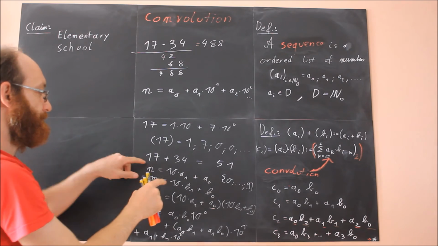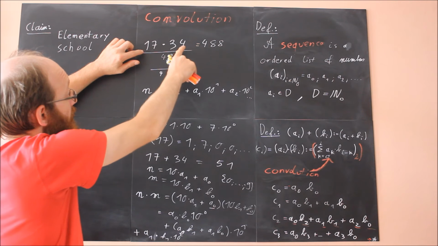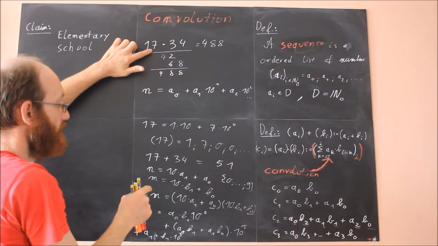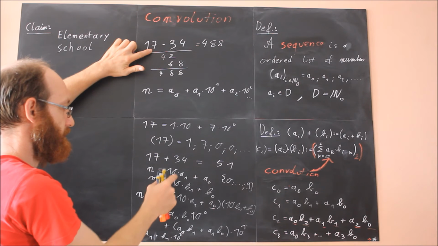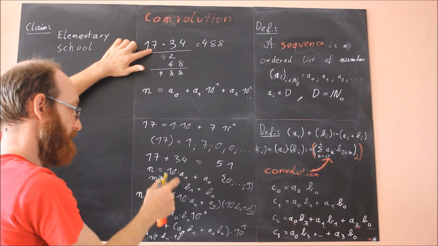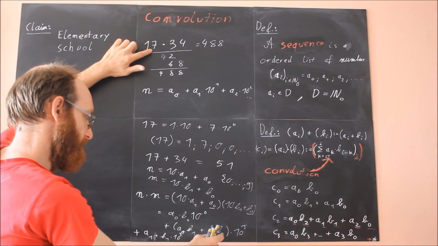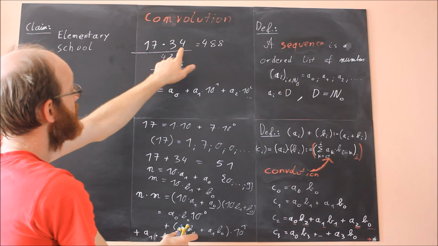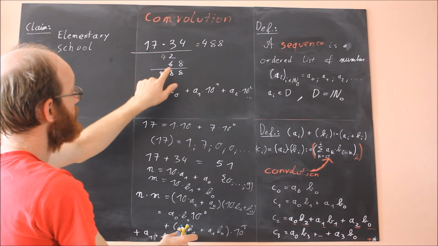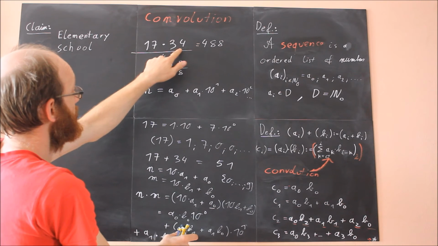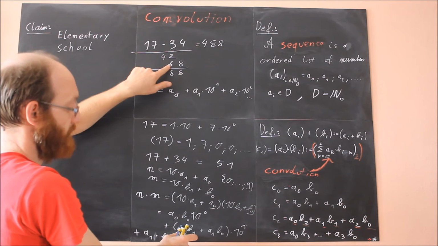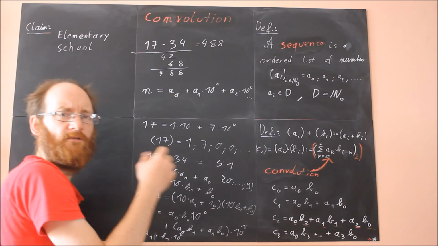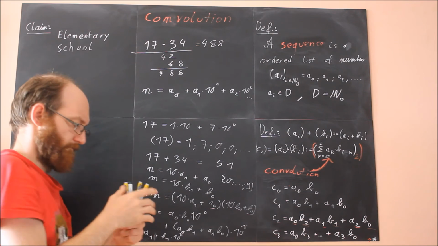Yeah, so 3 times 7, this is here 3 times 7, so b1 a0, this is here. And then we have also the 4 times 1, this is the 4 and the 2 in the digit, this is this part here, okay? So please pause the video and make sure you get this.